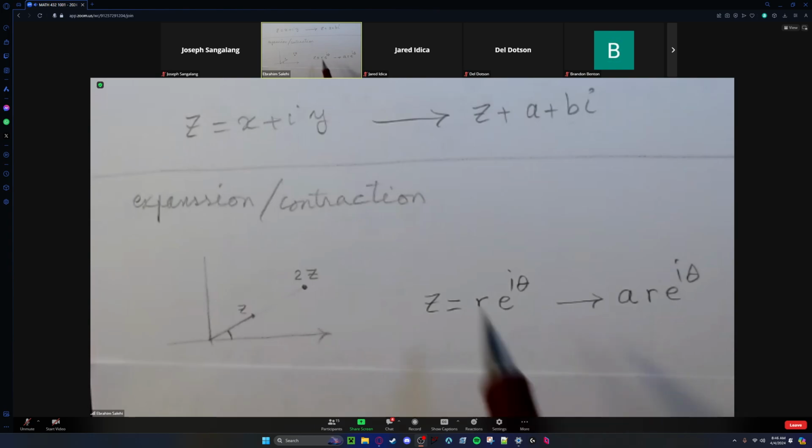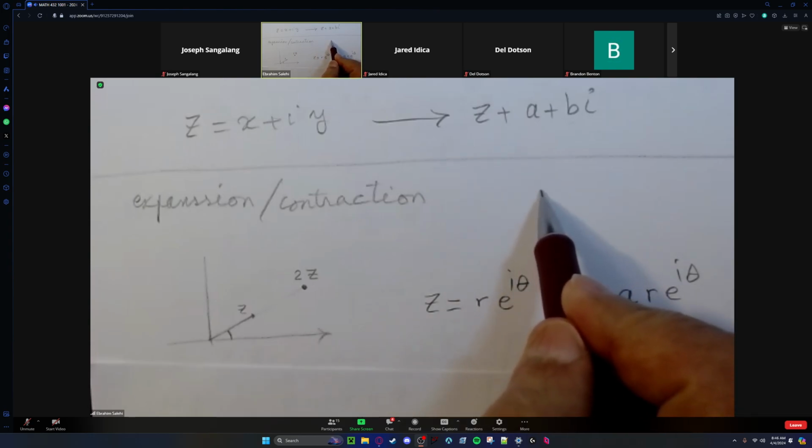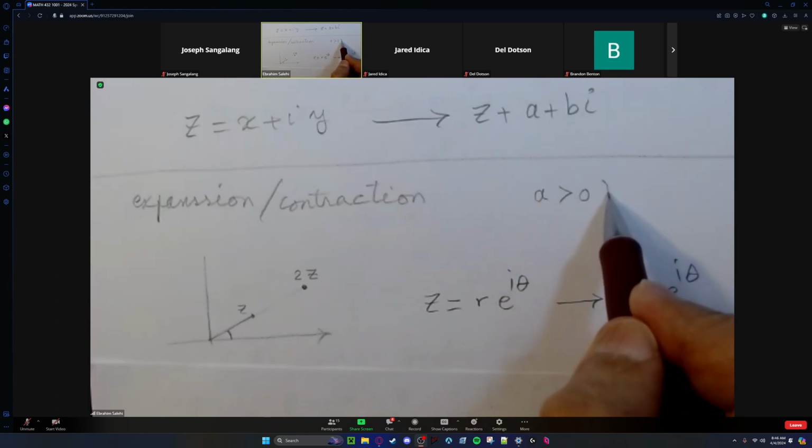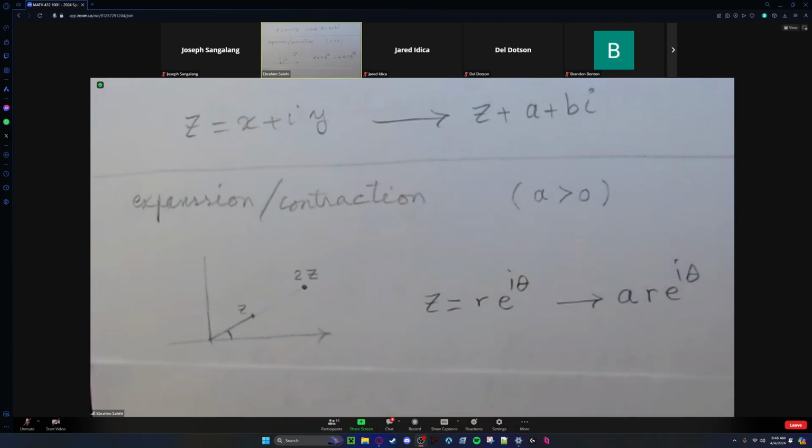So the A is a positive number. Now, if A is bigger than 1, we are not changing the theta. Look, A is a positive real number. It will be on the same ray, okay? Only the modulus, which is R, changes.